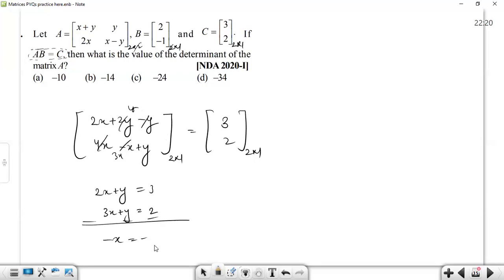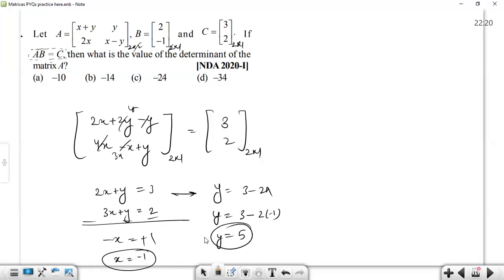This becomes minus x equals plus 1. So multiplying minus 1 on both sides, x becomes minus 1. If x is minus 1, y will be 3 minus 2x as per this equation. So y is 3 minus 2 into minus 1, 3 plus 2, that becomes 5. Y is equal to 5, x is equal to minus 1.